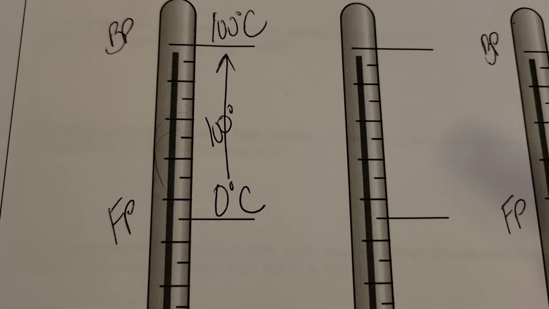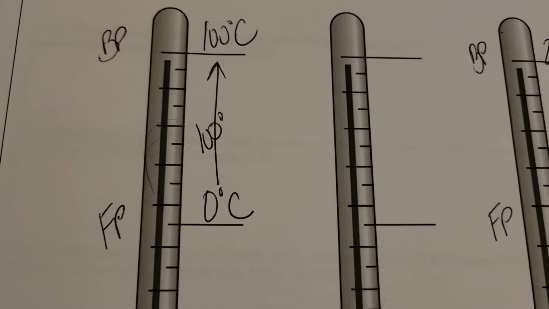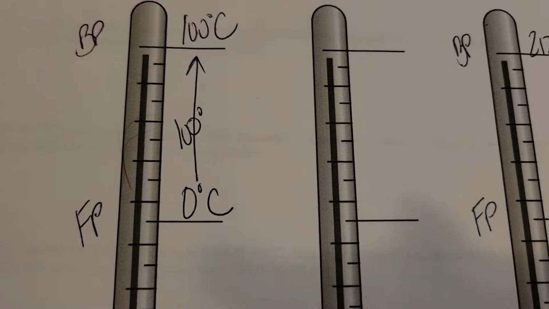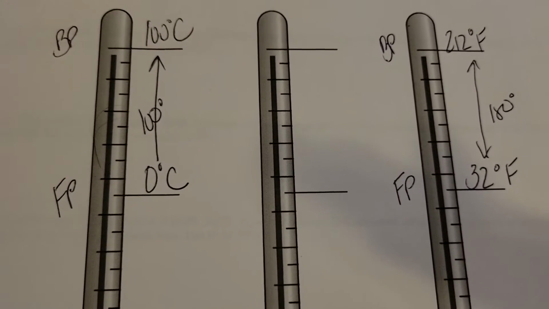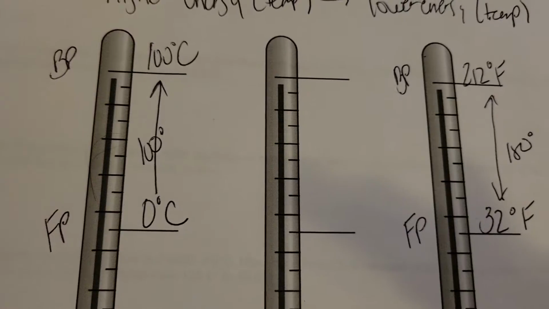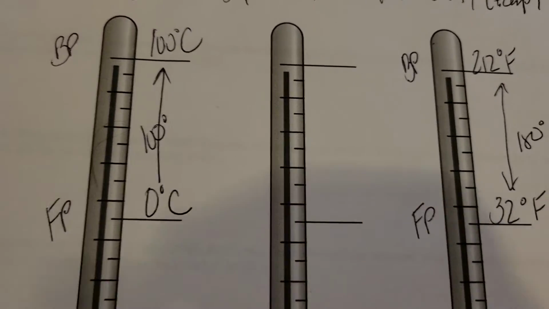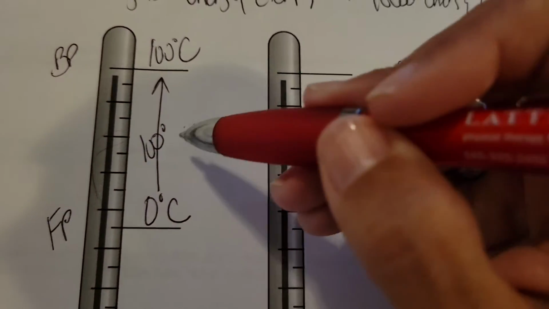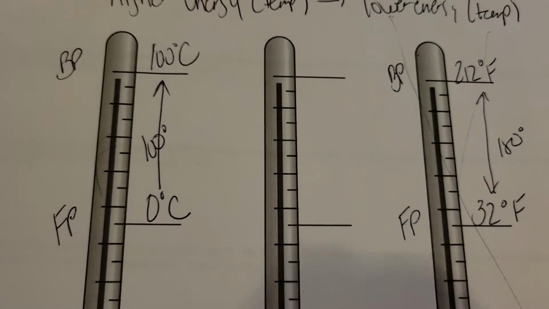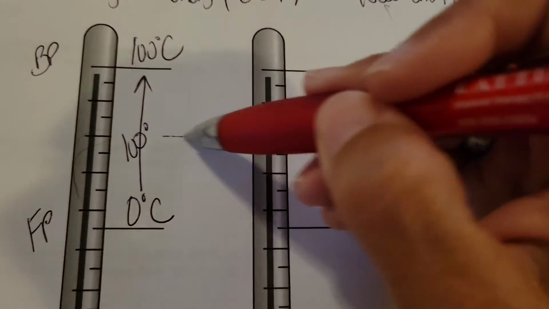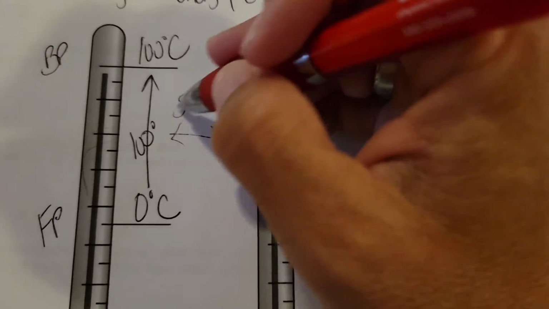Okay. And then the center one is our Kelvin, and this is what you're going to use now when we start talking about gases. All of the representations and ratios related to gases are based on Kelvin. And Kelvin has the same size degrees as Celsius, except now the scale is shifted up.